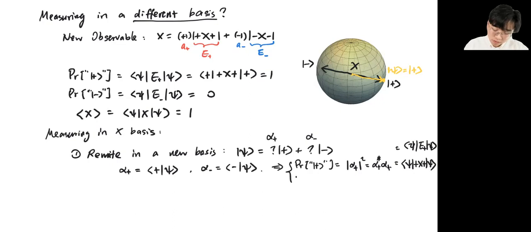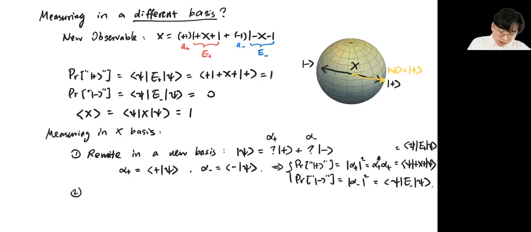And similarly, the probability of measuring minus can be calculated by alpha minus squared, which is equal to <psi|E minus|psi>. So now measuring in a different basis is just rewriting the quantum state in that basis. We can calculate the coefficients for that basis with this formula.